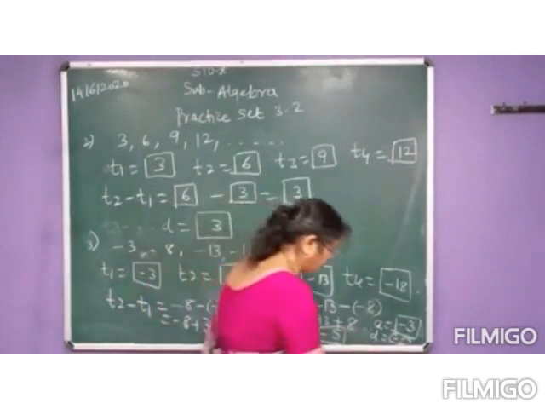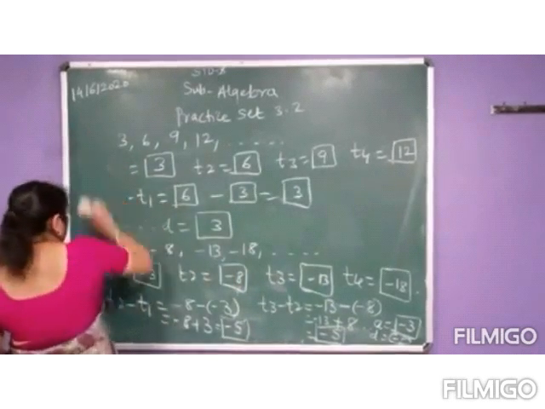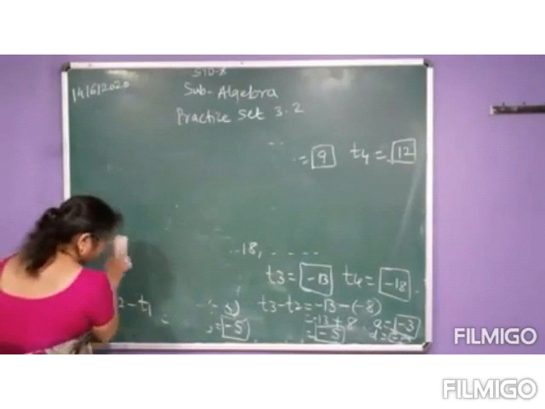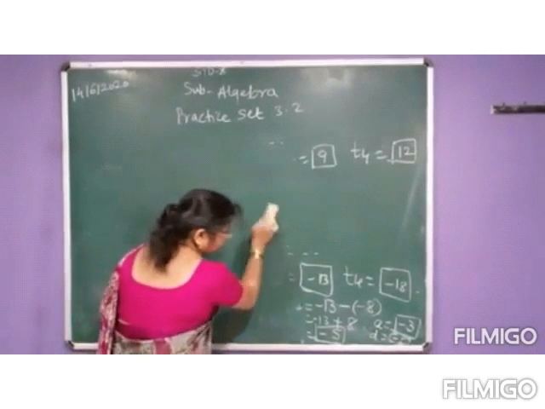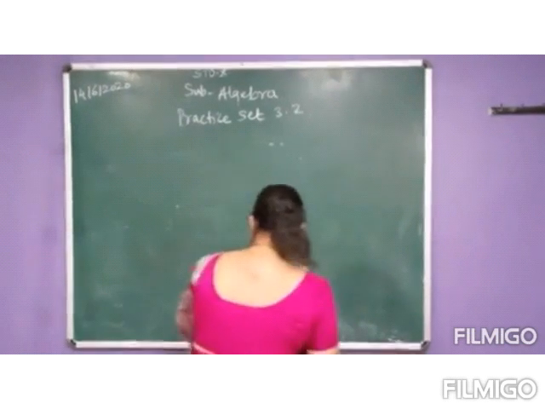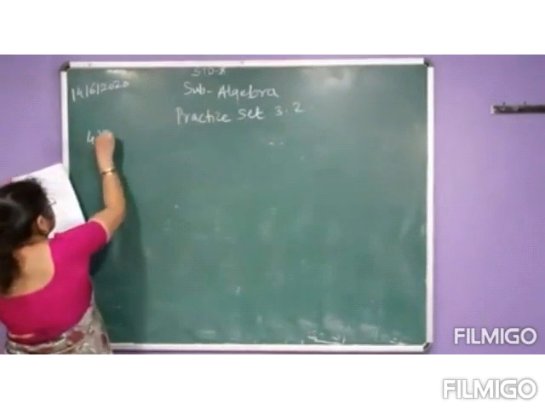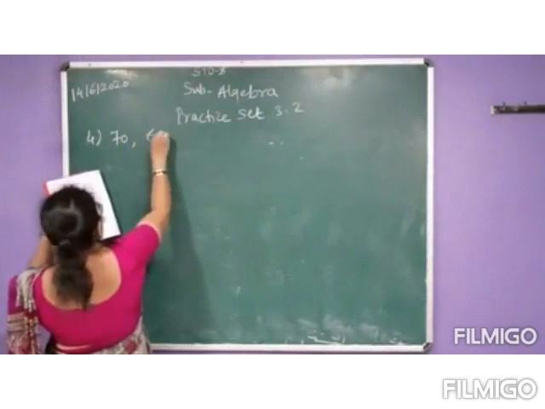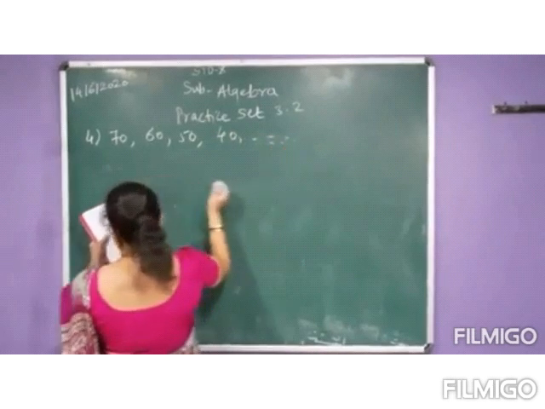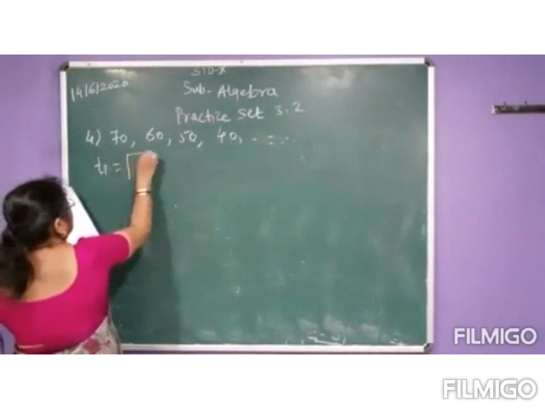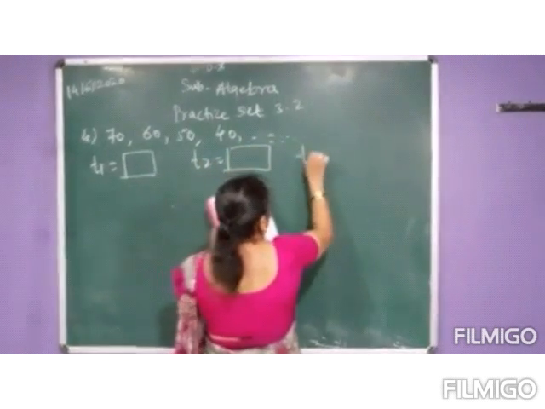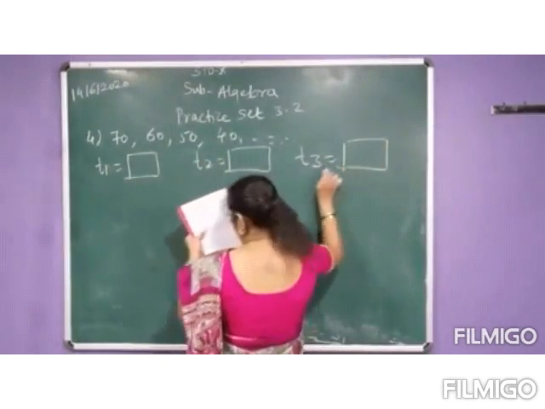Now we will see the fourth one in this. Fourth one, 70, 60, 50, 40. Correct? T1, then T2, then T3.